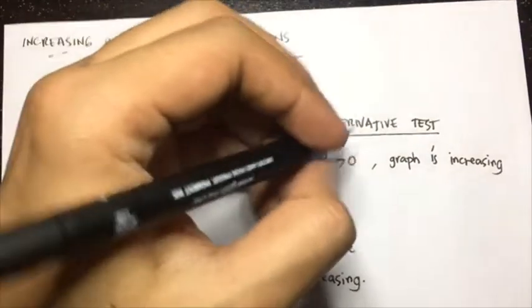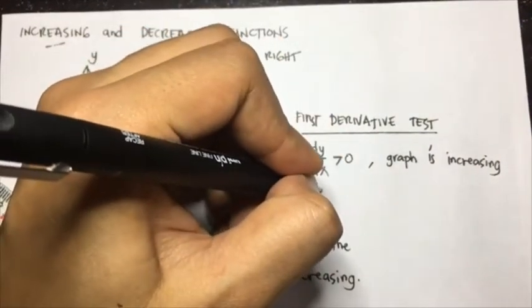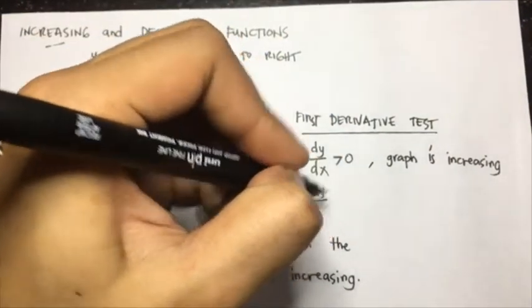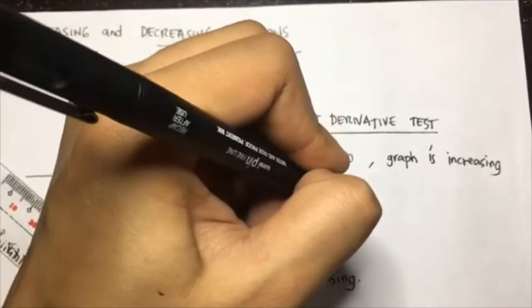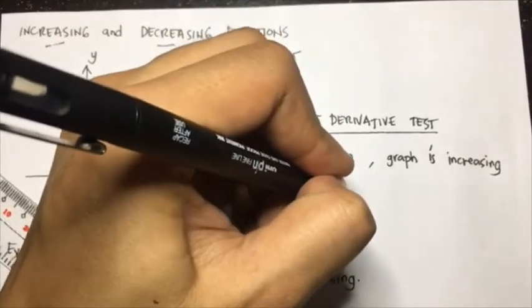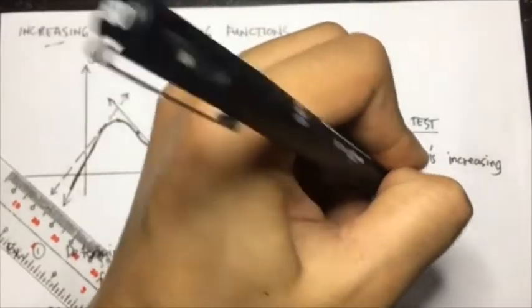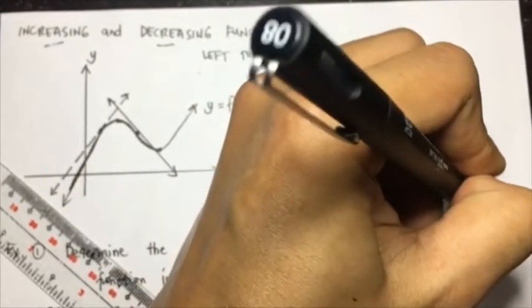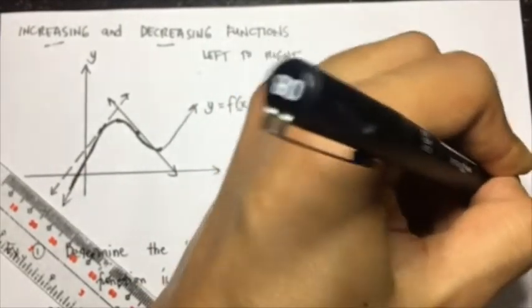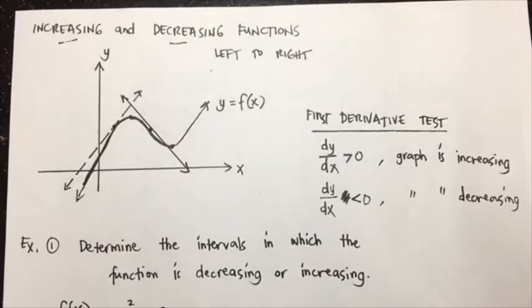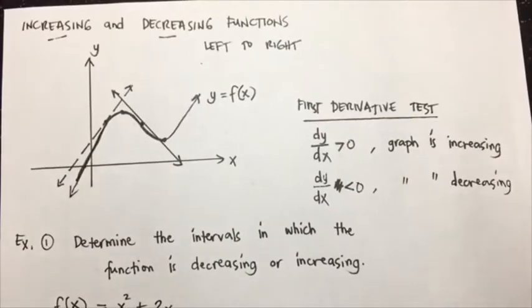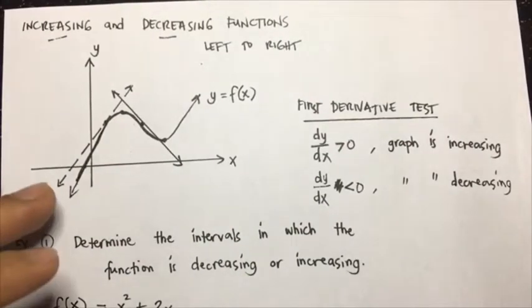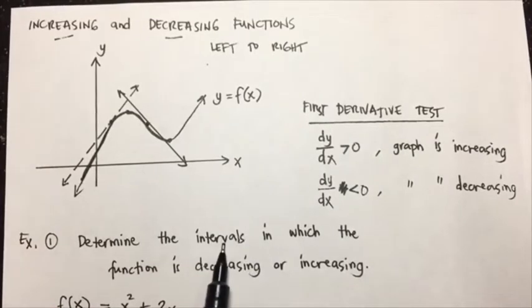Therefore, for the first derivative test, if the derivative is less than 0, the graph is decreasing. It's that simple. The principle is very simple. All we need to do is determine the intervals.